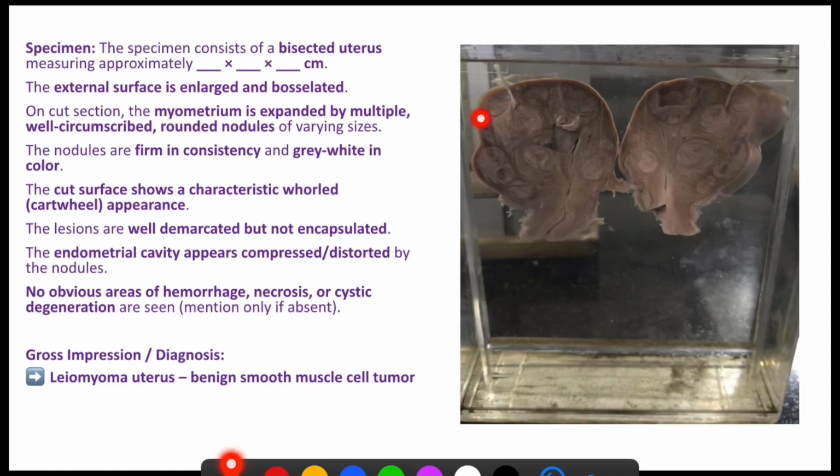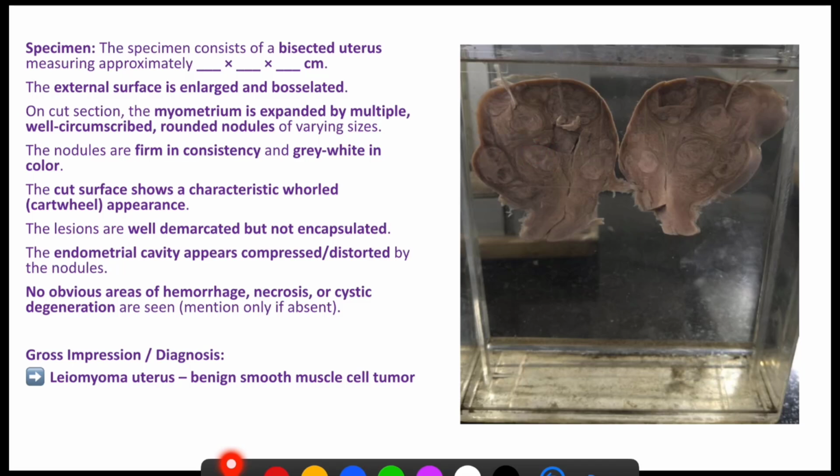Here this is the cut surface of the bisected uterus with cervix, showing multiple nodules in the whole myometrial wall, the largest measuring 2 by 2 or 3 by 3 or 4 centimeters in diameter, and the smallest measuring 0.5 or 1 centimeter in diameter. The cut surface shows a whorled appearance.